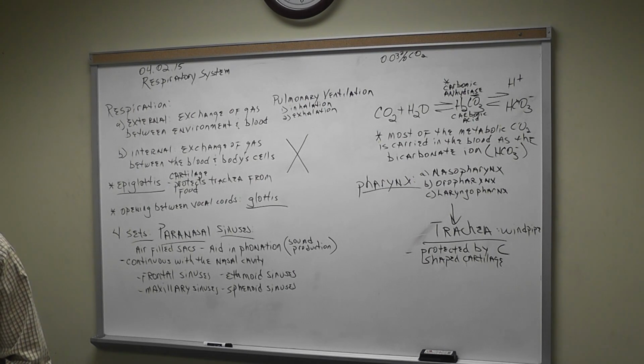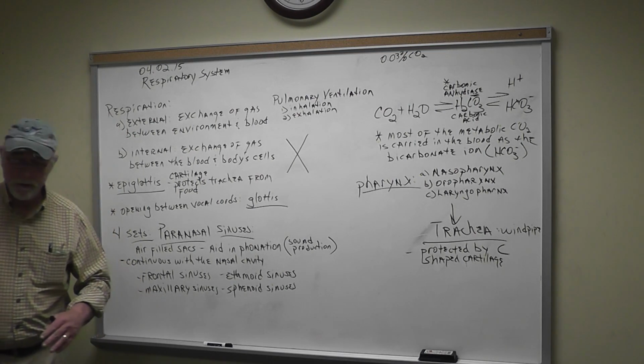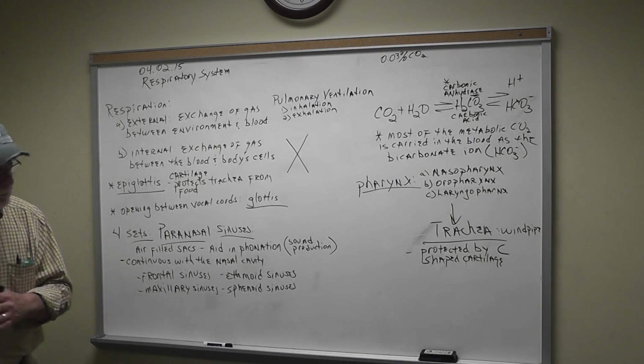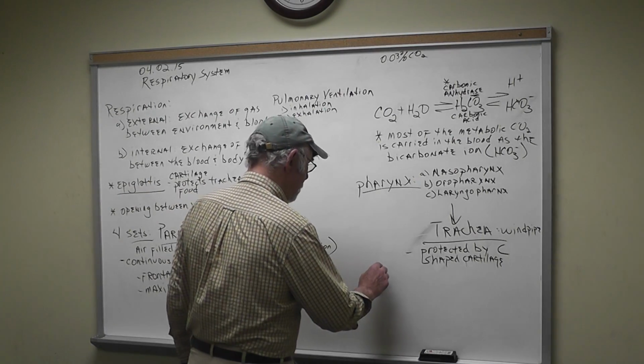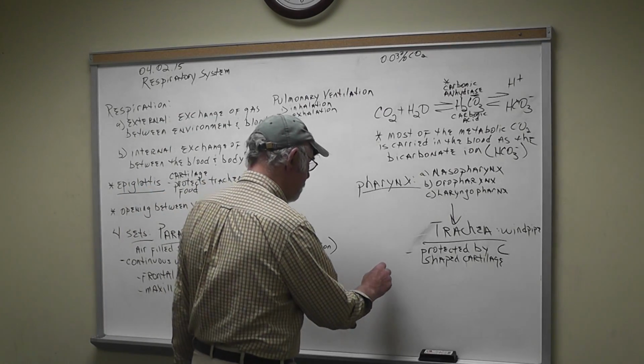We talked about the larynx, glottis, epiglottis. Now, also another thing to remember is that a lot of the membranes that line our respiratory tract contain these cellular processes called cilia.